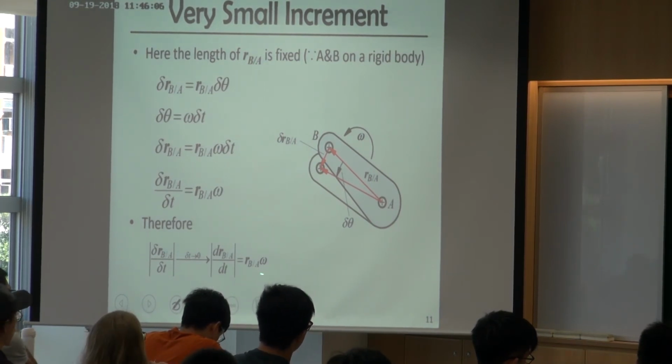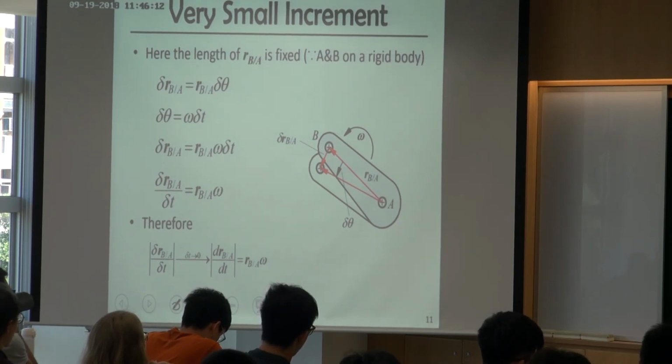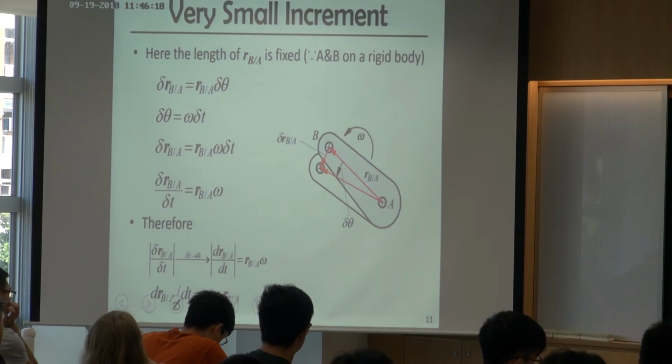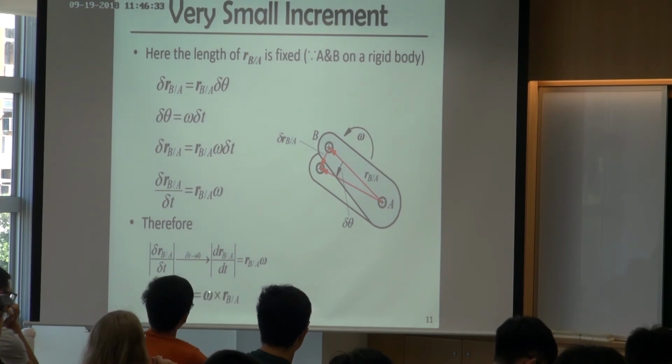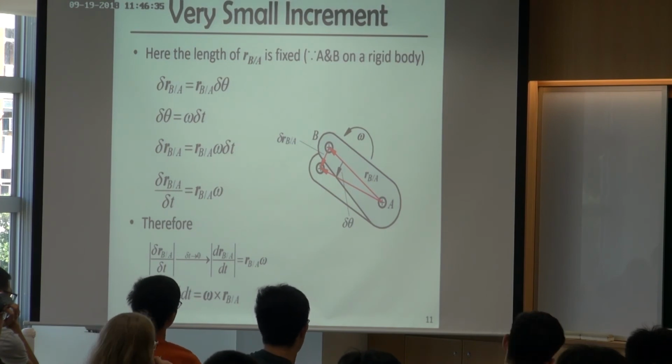So how can we represent it? Right now it's a scalar, so we may want to represent it in vector form. Because I want to represent it as a vector, you can represent this vector as omega cross RBA.